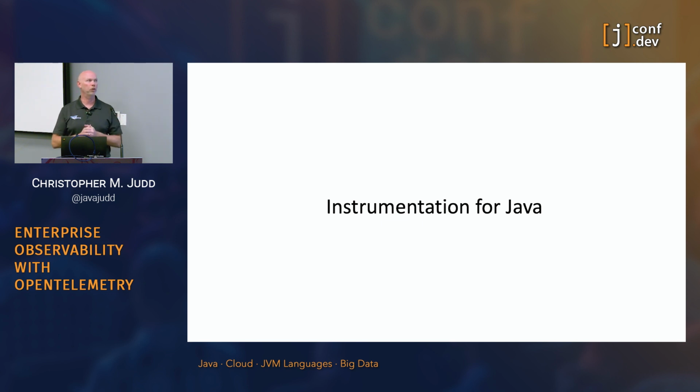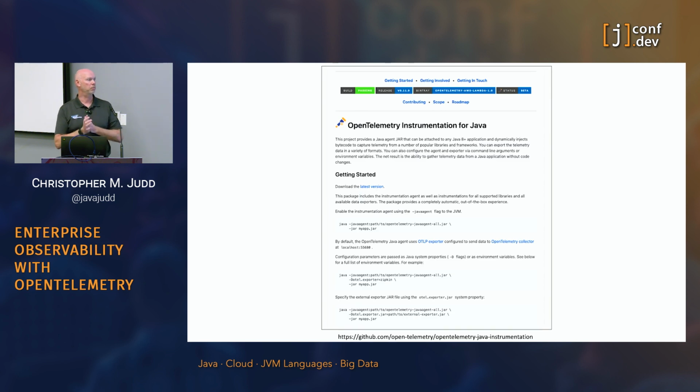I have some great news for you. For Java and most libraries, there is some type of already existing instrumentation library for you. So these instrumentation libraries are open source, and all you have to do is include them the right way.